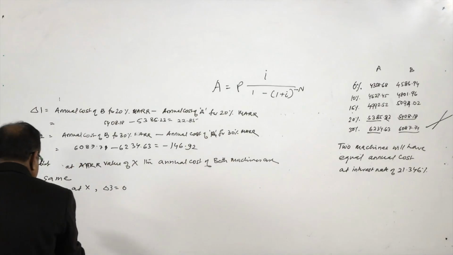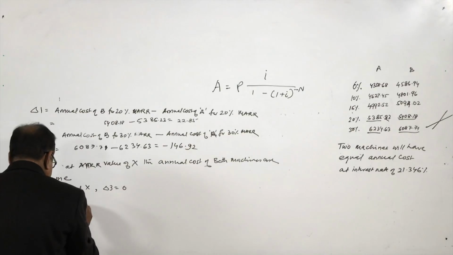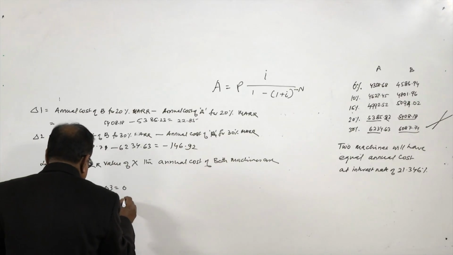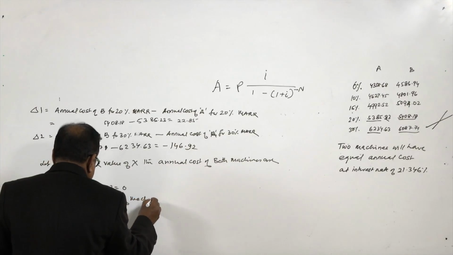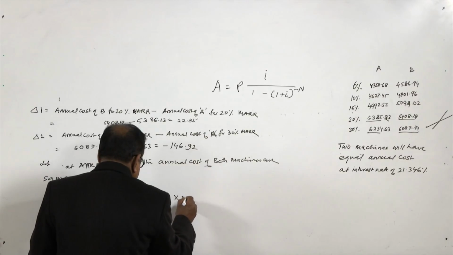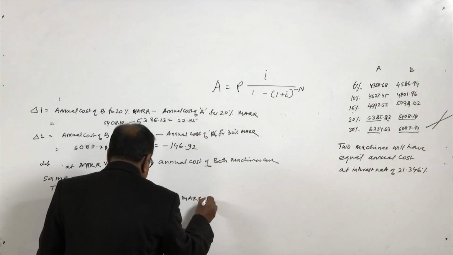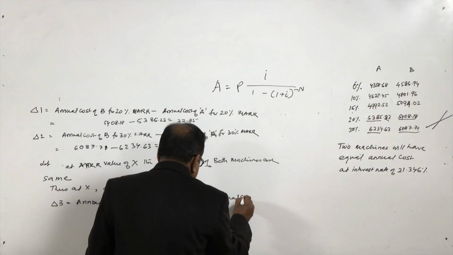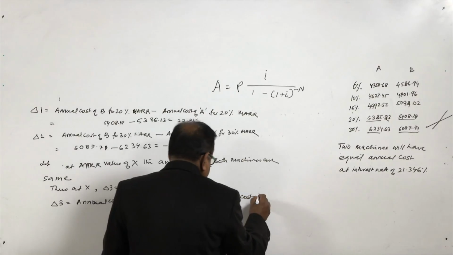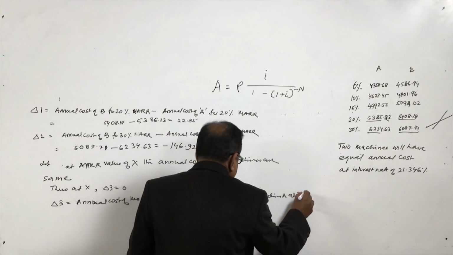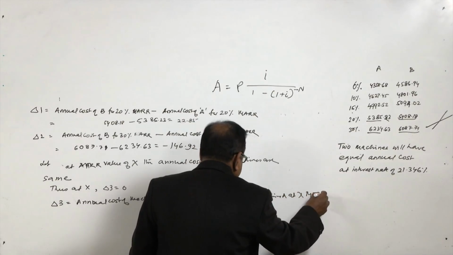That means delta 3 is annual cost of machine B at x MARR minus annual cost of machine A at x MARR.